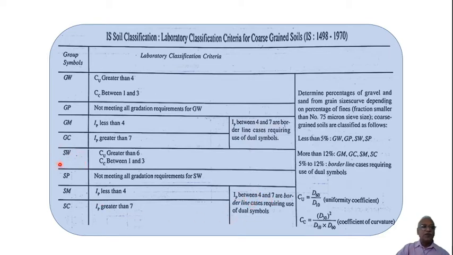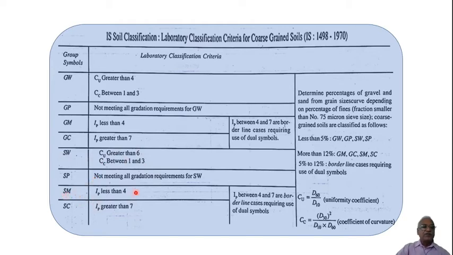Otherwise, if you want to say that it is SW or SP, in both these cases, the percentage of fines will be less than 5%. Cu is greater than 6, Cc between 1 and 3, then it will be well graded. If it is not satisfying any one of these conditions or both the conditions, then it will be SP.